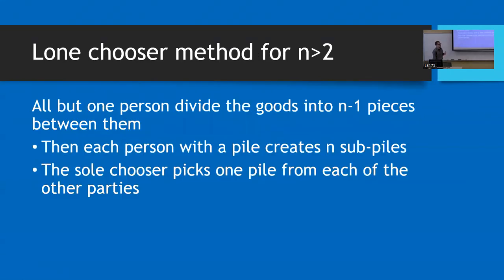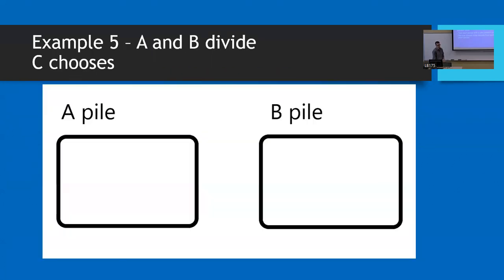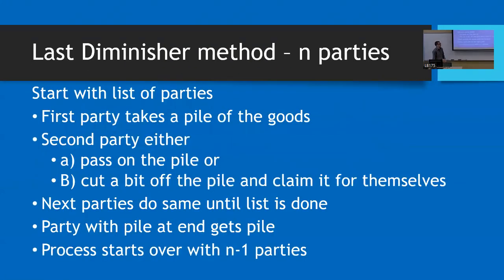That's where a bunch of people divide, and then another individual comes along and chooses a little bit from each pile. Or we could have the last diminisher method. That's where I take a bag of goods, we move down the line, and each person in line can say, I'll take that, throw something out, or I'll let you keep it.